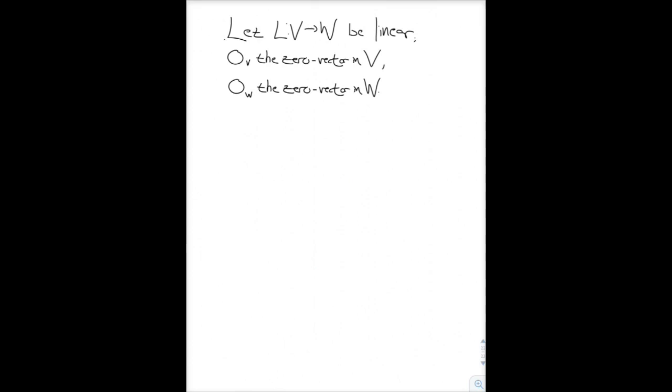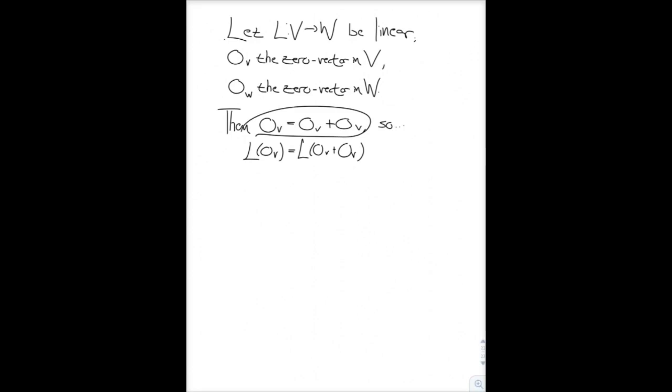So to keep things straight, let's denote by 0 sub V the zero vector in V, and by 0 sub W the zero vector in W. Then we'll write down a few observations which almost seem not to bear mentioning because they're so obvious. The first one is that we can take the zero vector in V and write it as 0 plus 0.